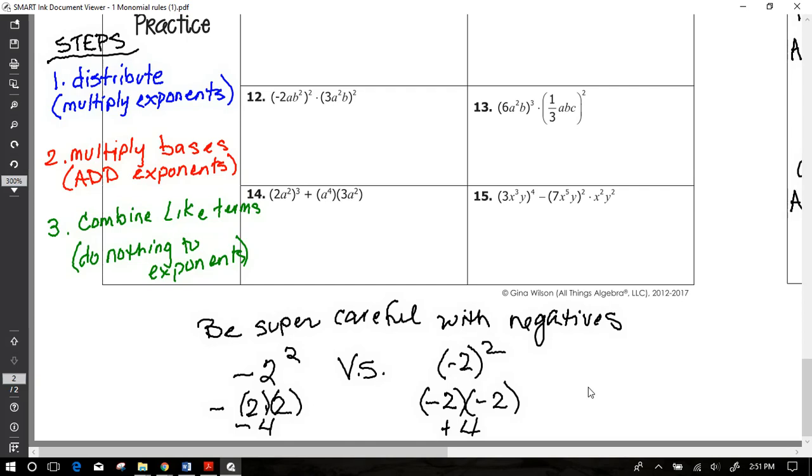But if it's not in parentheses, the negative does not get copied. Only the number does. So parentheses versus not parentheses makes a big difference with our negative numbers. So go ahead and pause this and just copy all these notes down, and then come on back and we're going to finish up the examples up on the top of the page.